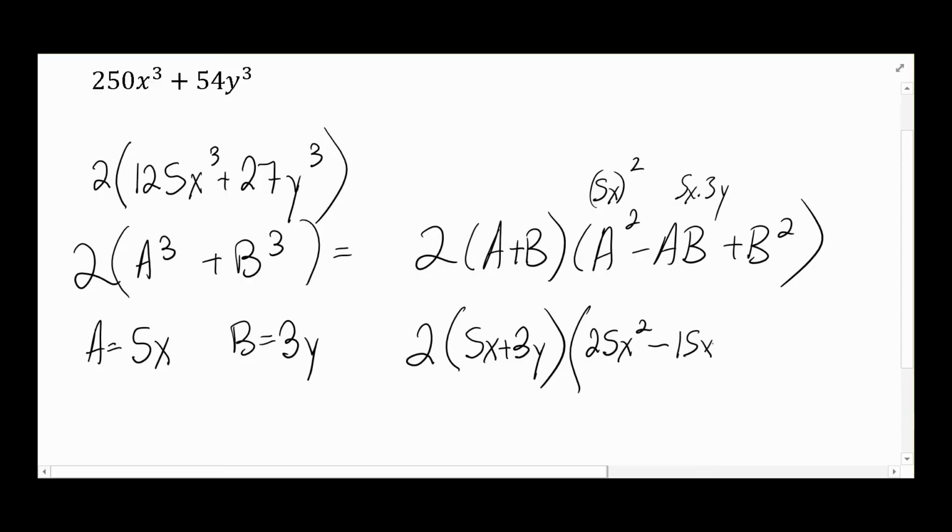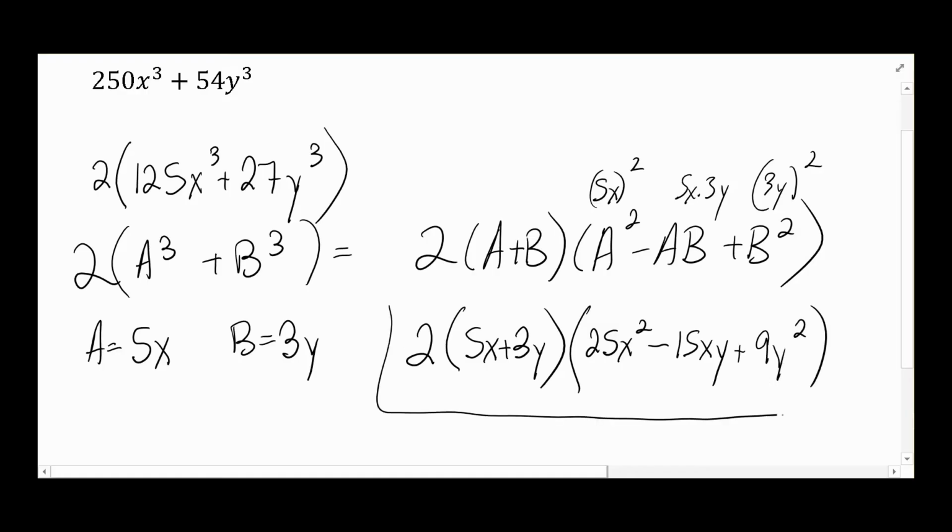That's going to give me 15xy. And as far as my b squared, I'm taking 3y and squaring it. That gets me 9y squared. Now, even though that last parenthesis looks like maybe it could be factored further, don't even worry about it. We'll discover later in the course why it's not going to factor any further, but just go ahead and leave it be.